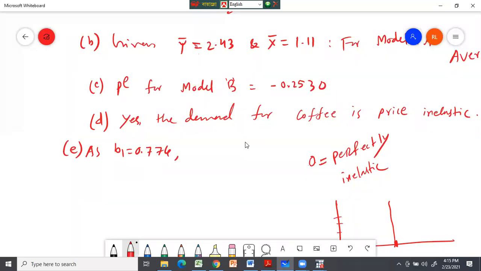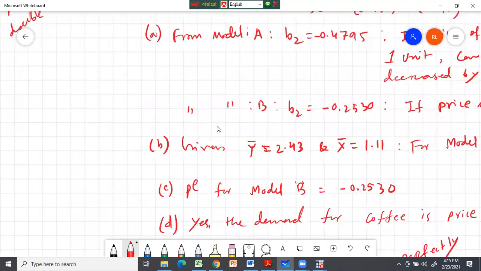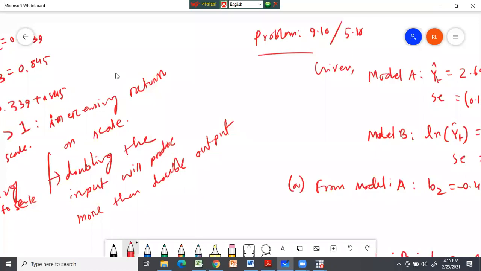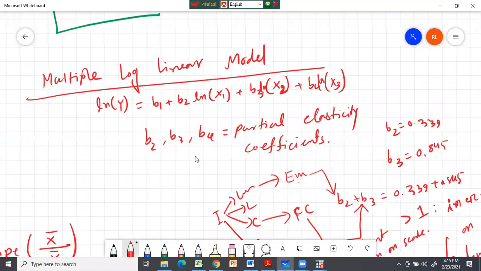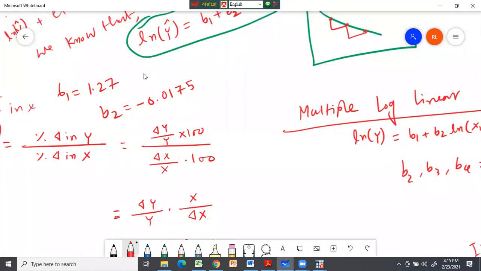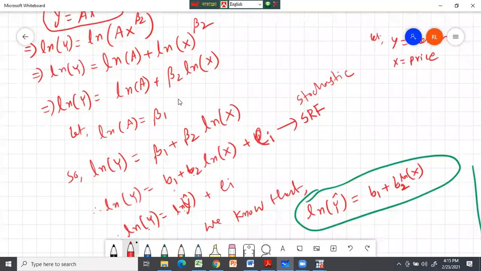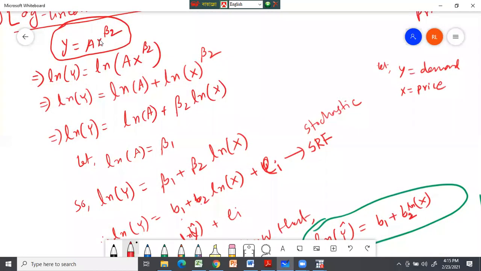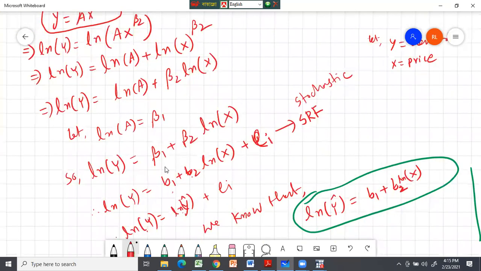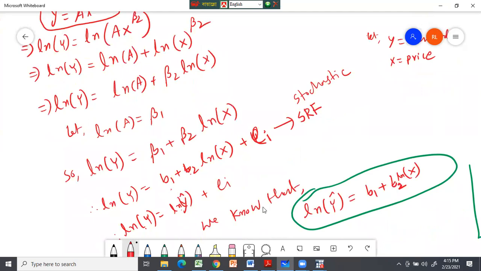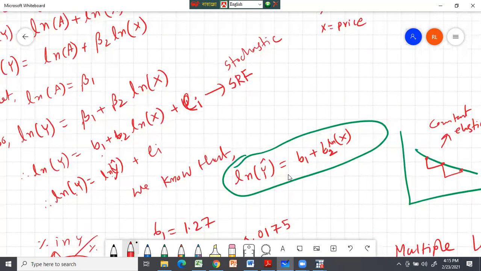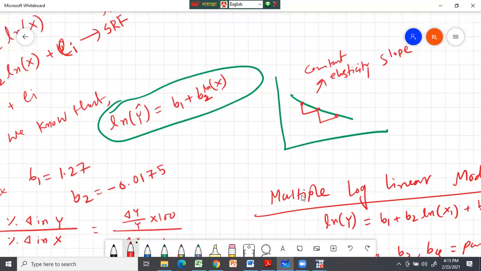We know that the model I started with at the very beginning was y equals a x to the power beta 2. This is our initial model of the elasticity, and then we let ln a equal beta 1, and beta 1 has been estimated with a proxy parameter, which is b1.